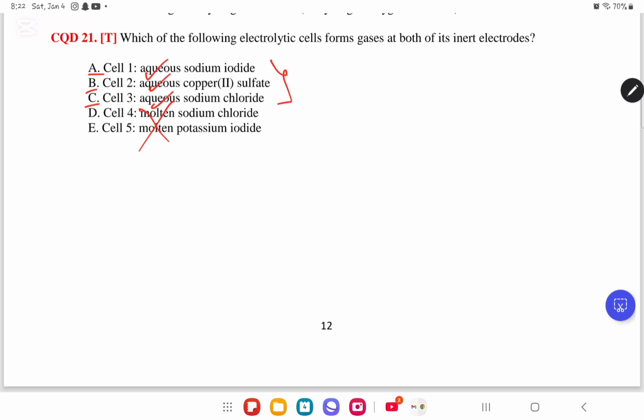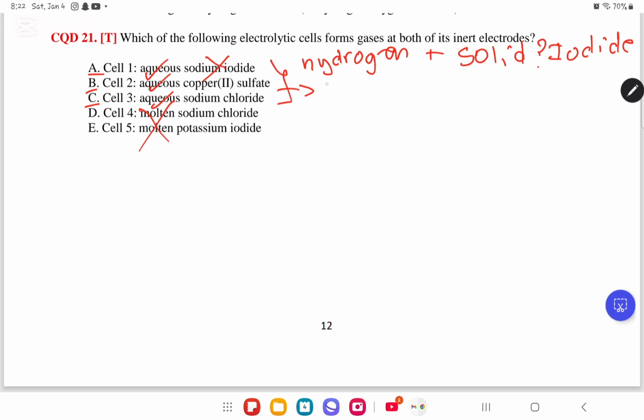Then for cell 1, there is sodium iodide. Sodium will definitely not form. Instead, what will form is hydrogen, so this is a gas. But iodine is formed as a solid. So solid iodine, we are not looking for a solid. We need gases at both of the inert electrodes. So definitely it's not going to form. The next one, we have copper sulfate.